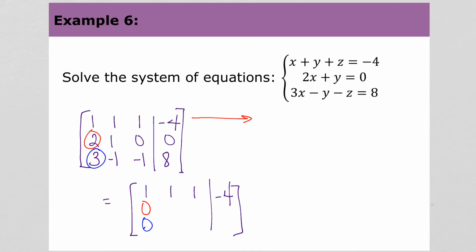what are we going to do? Let's go ahead and write this out. Okay, so how do we get a 0 in that second row, first column?